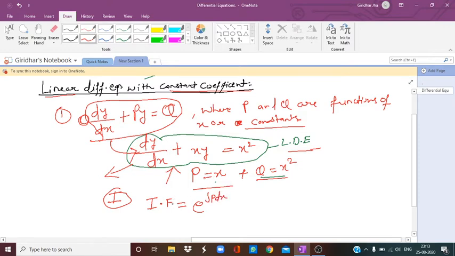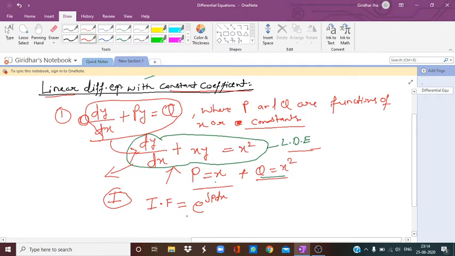Now the question is, what is the advantage of this integrating factor for this differential equation? See, when you go for integration, this factor will help you to integrate. That is why we call it the integrating factor. These factors help you to get the solution of this type of differential equation.